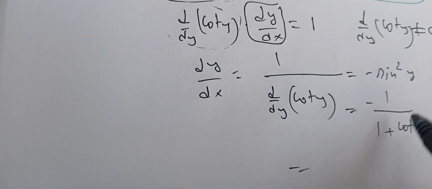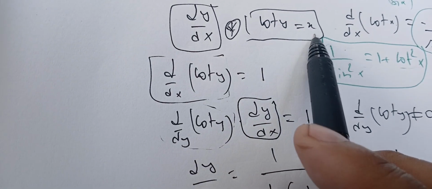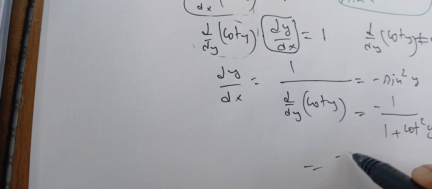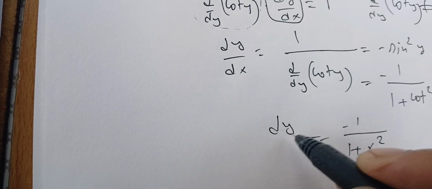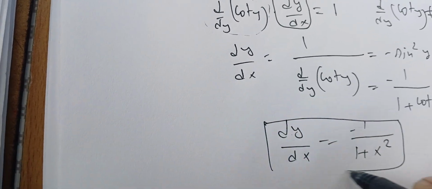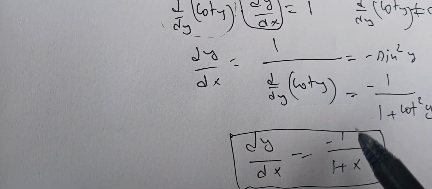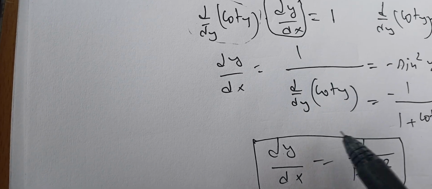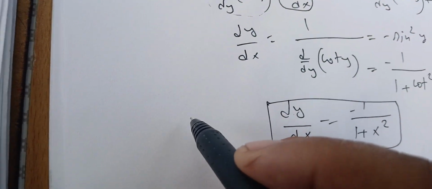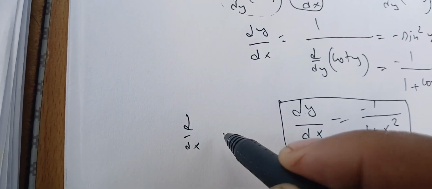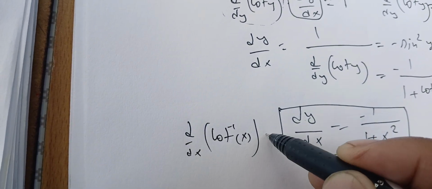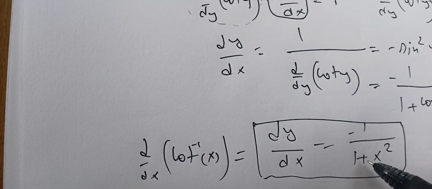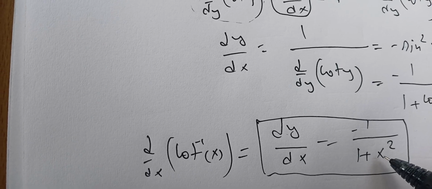But the cotangent of y is x, okay? So here we have minus 1 over 1 plus x squared. Therefore, dy over dx is this one here. So this proves that the derivative, let me write it one more time, d over dx of cotangent inverse of x is minus 1 over 1 plus x squared.